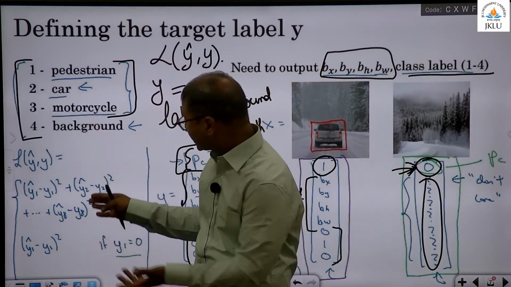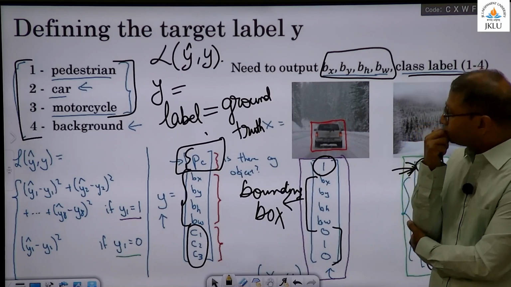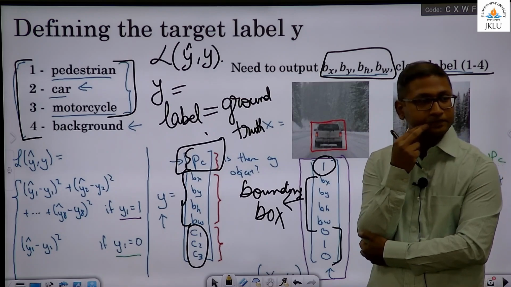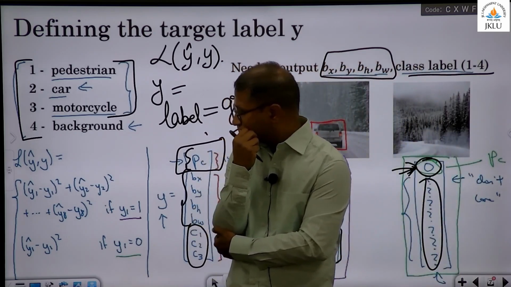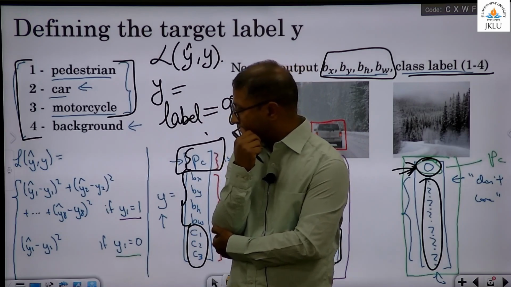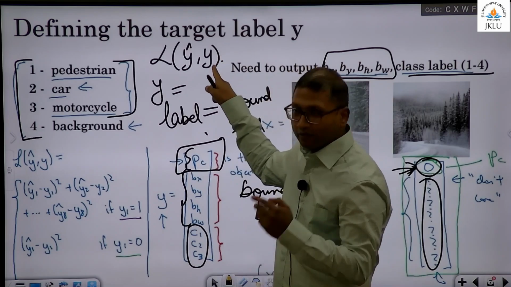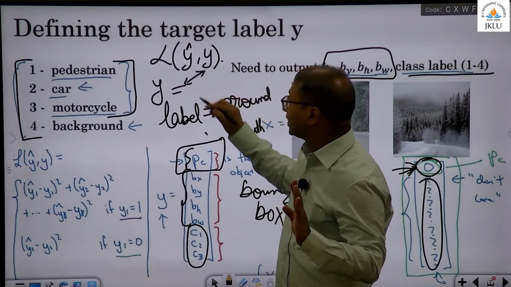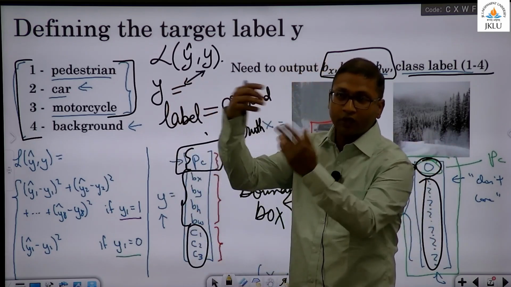How will you compute the loss function? It is here in front of you. Once you know how to label Y, remember until now we had not done much with this Y. We knew what Y would be.